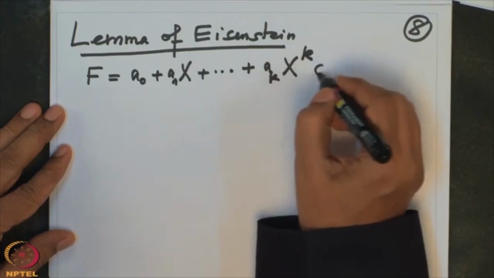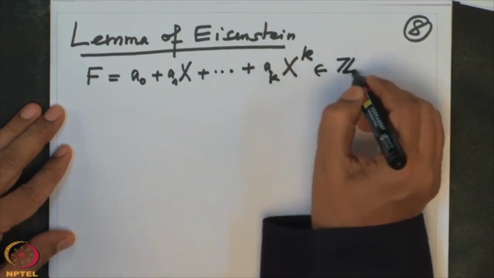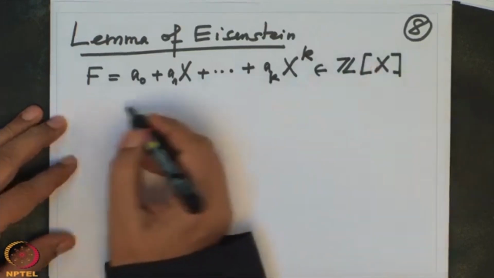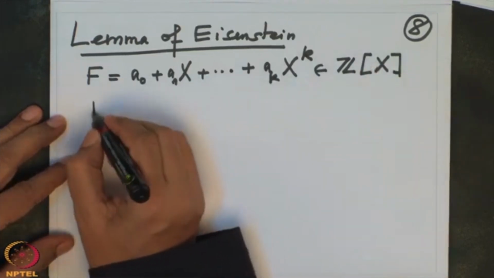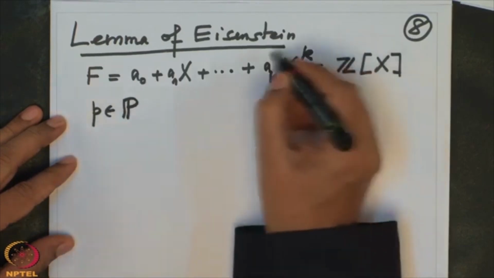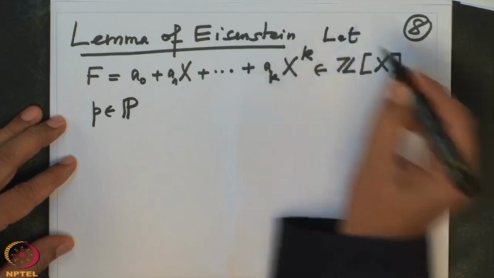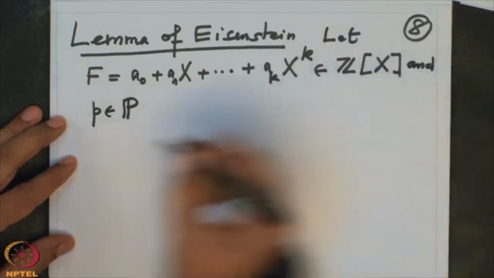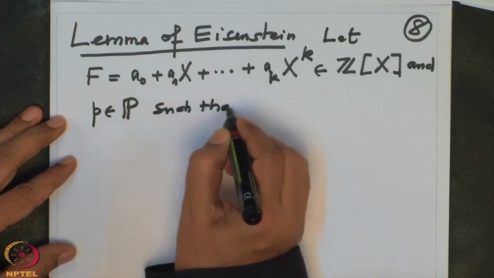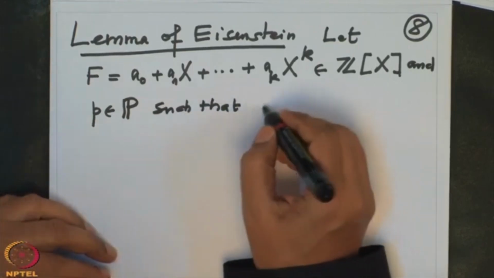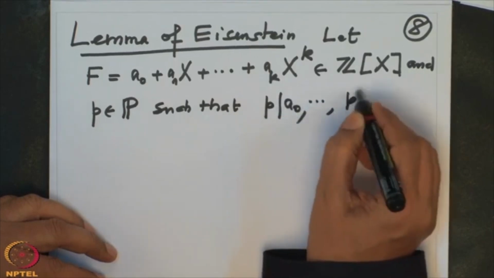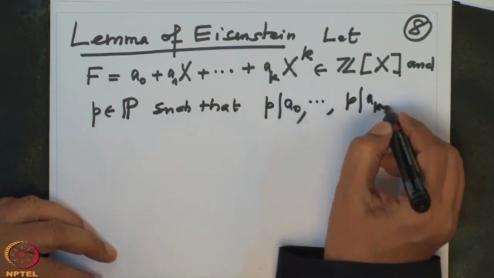This is a degree k polynomial with integer coefficients, and let p be a prime number such that p divides a0 up to p divides a(k-1).